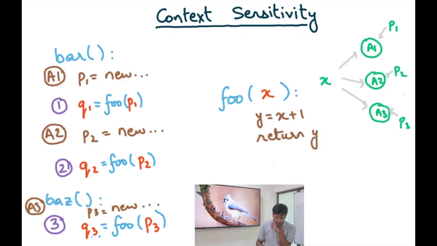So let's say P1 was allocated at allocation site A1, P2 was allocated at allocation site A2, and let's say P3 was allocated at allocation site A3.